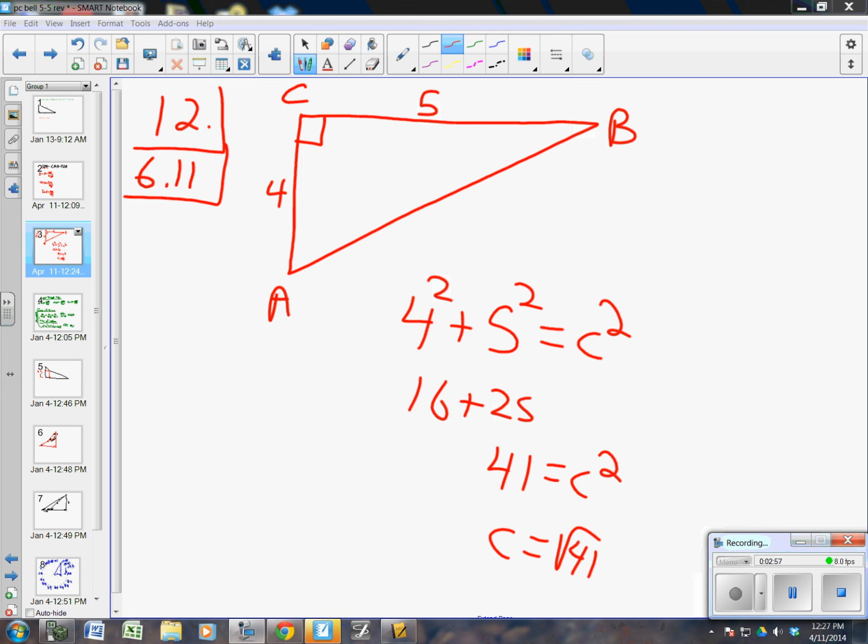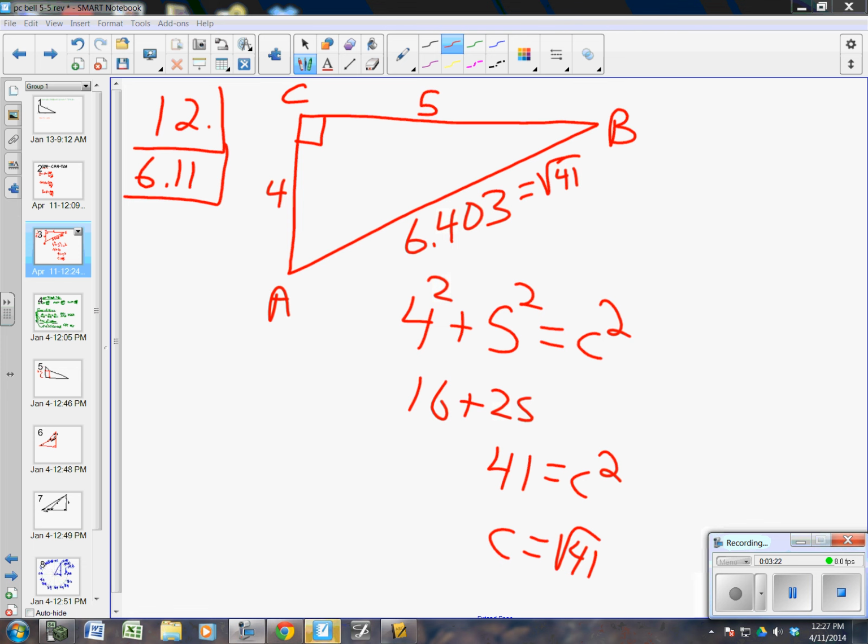They give the answer 6.403. I would like you to round these to 3 decimal places when you do them. Remember, that's the same thing as the square root of 41. Either way on the test, I'll give you credit.